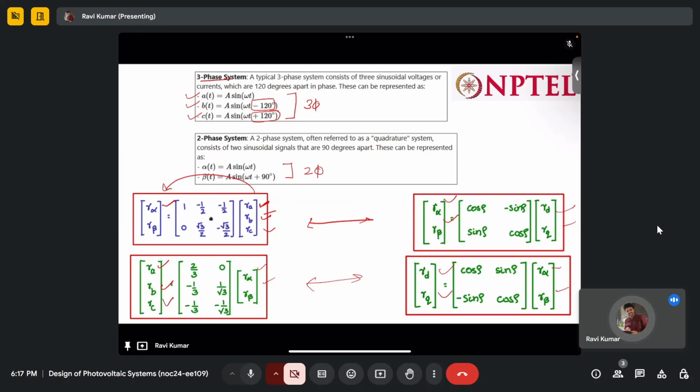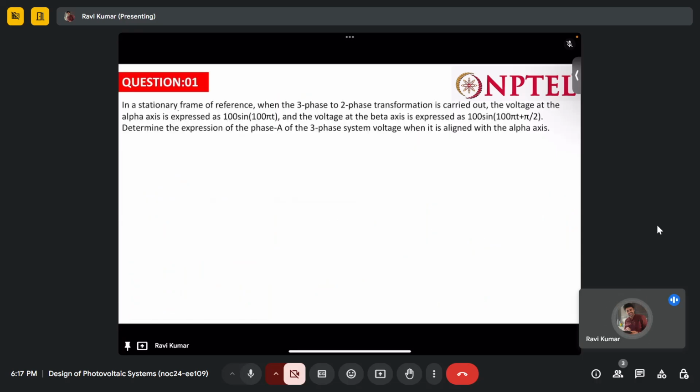This question says, in a stationary frame of reference, when three-phase to two-phase transformation is carried out, the voltage at the alpha axis is expressed as given, and the voltage at the beta axis is expressed this way. Determine the expression for the phase A of the three-phase system voltage when it is aligned with the alpha axis.